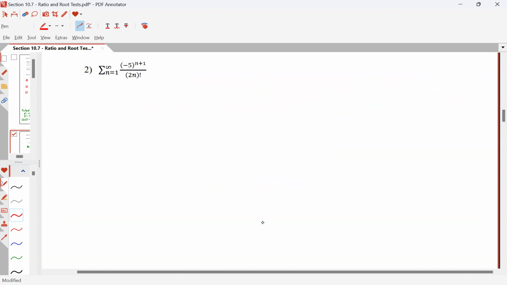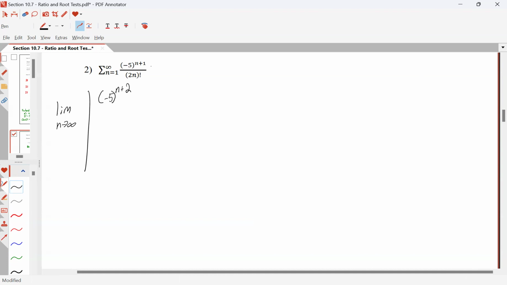We have the series n equals 1 to infinity of -5 to the n plus 1 over 2n factorial. Setting up our ratio test, we're going to take all of our sequence and add 1 to any n we see.